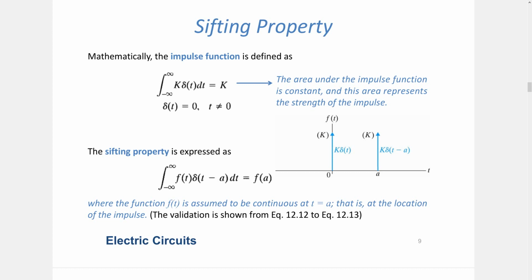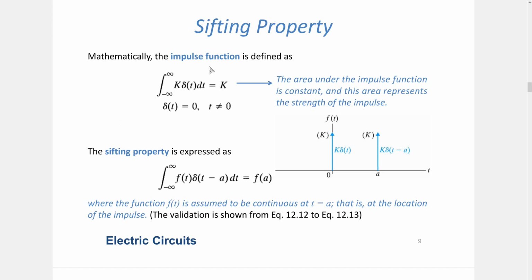We can compose it or decompose it. You will learn those things in signals and systems courses. But here, in the context of electrical engineering or circuit theory, we will be using it to define a derivative at a discontinuity point.